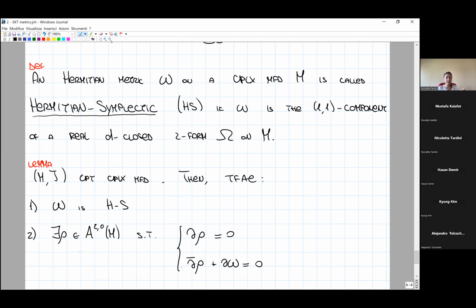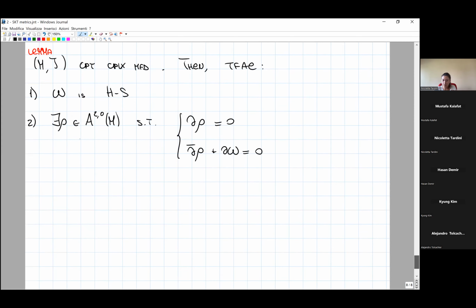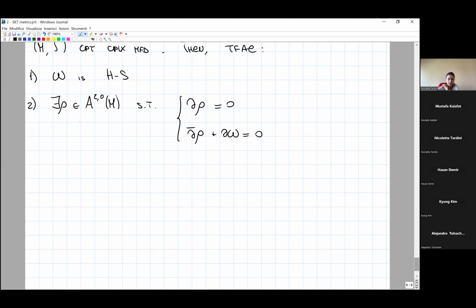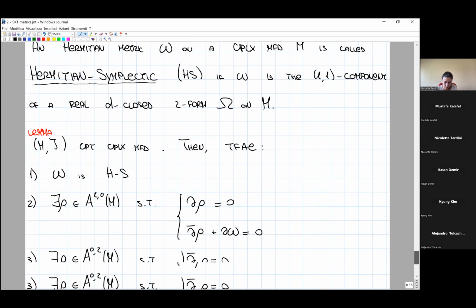So rho is del-closed, and del bar rho is minus del omega. Or equivalently, there exists a 0-2 form such that del bar rho is 0 and del rho plus del bar omega is equal to 0. It's just that the 2 and 3 are equivalent by conjugation. And this result, sorry, I forgot to say, is due to Enrietti, Fino and Vezzoni.